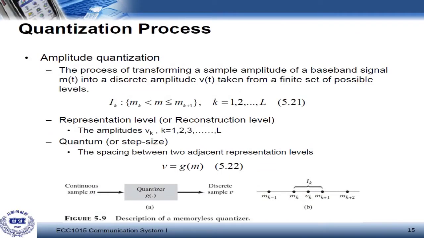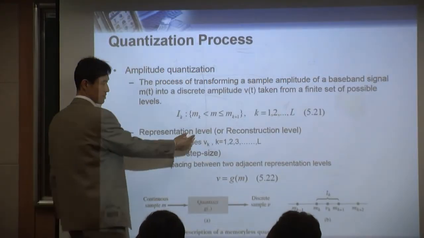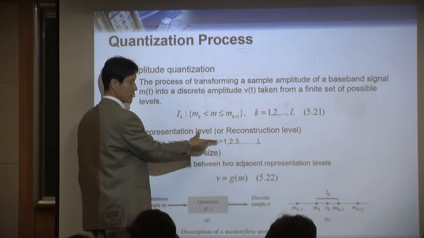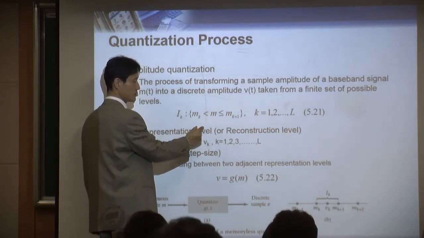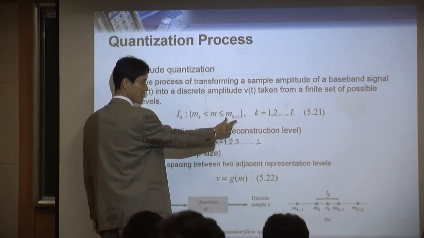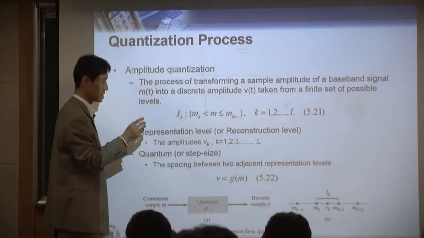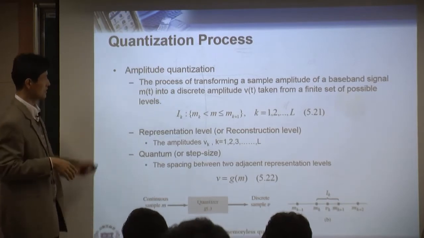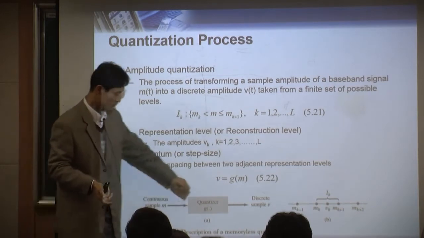As you mentioned earlier, we have a quantization process, right? Simply, quantization is like if your original value is between a certain range, like your value is between m_k and m_(k+1), then you're going to get a representative value. So that's the quantization. That's what we call amplitude quantization. So simply speaking, we have a quantizer.